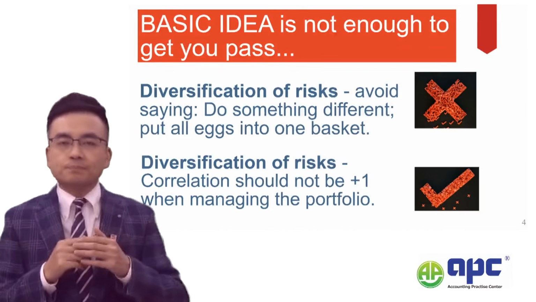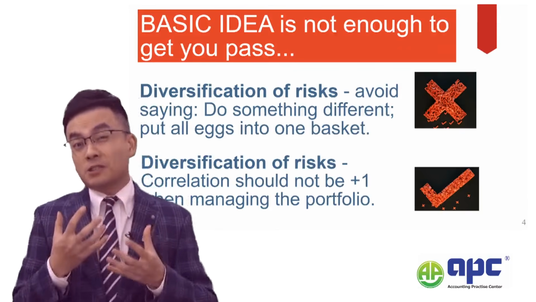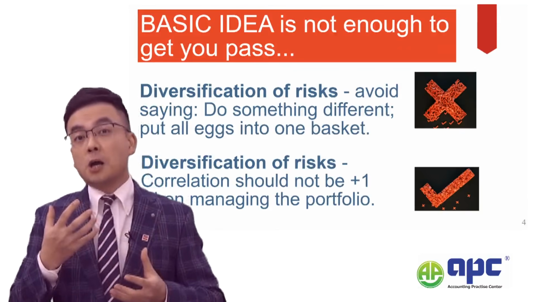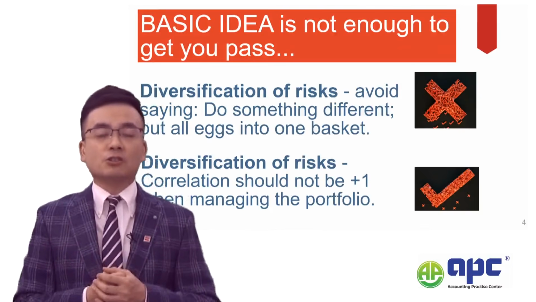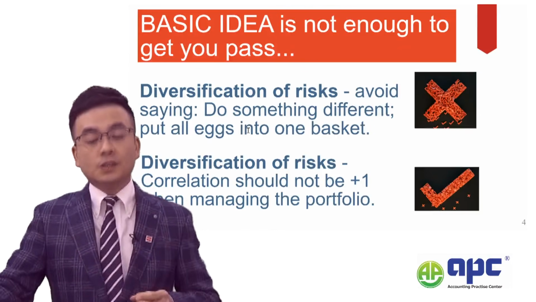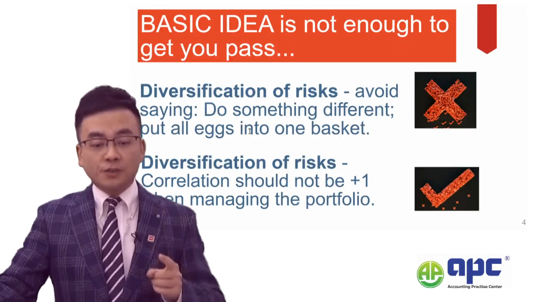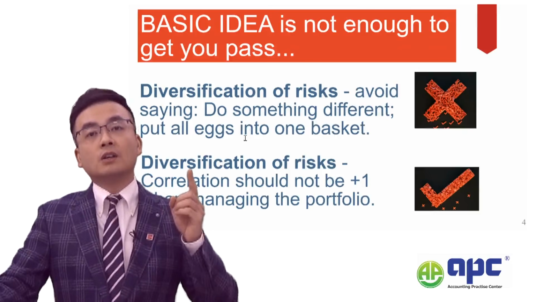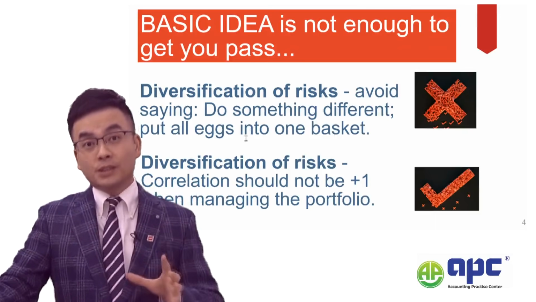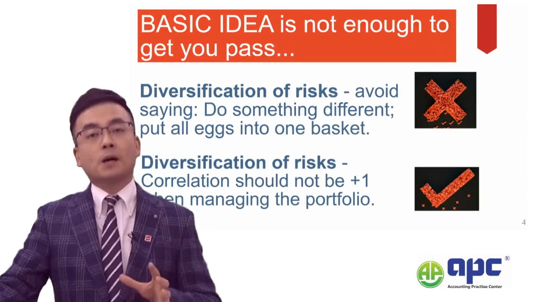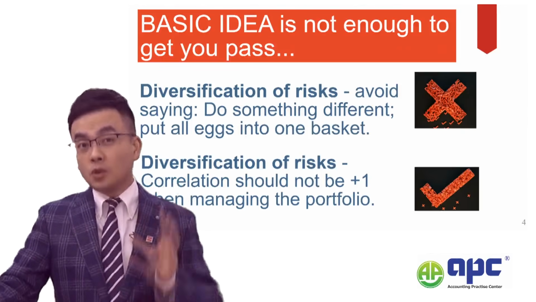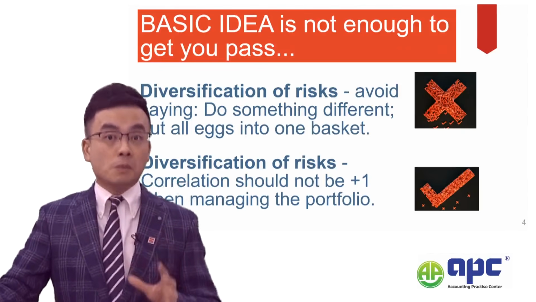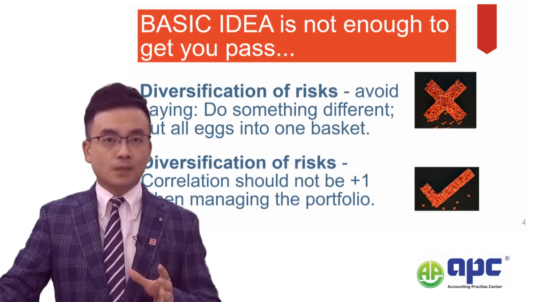If you're asked in the narrative part to describe risk diversification, don't say that we are doing something new. Don't say that we are not putting all the eggs into 1 basket. This will not be enough to score you the marks to pass.